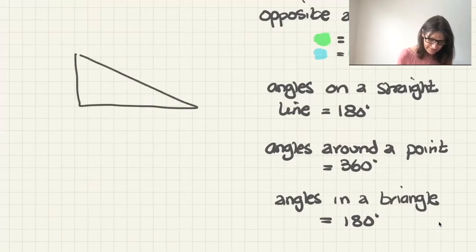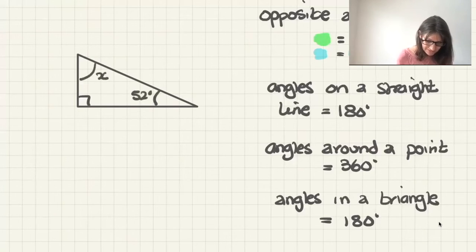So there we go. Can't remember which way around everything was. So we had a right angle, we had 52 degrees, we had an X. All right. We know they add up to 180. So we are going to do 180, take away what we know, same process, 90, take away 52.